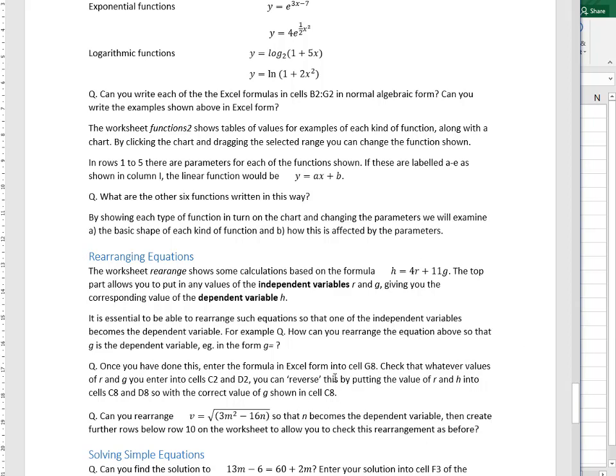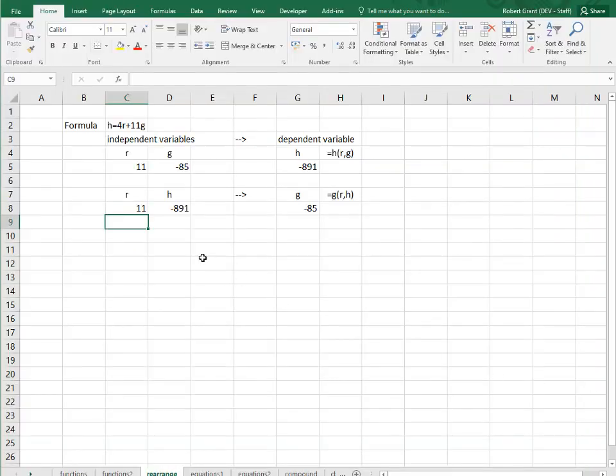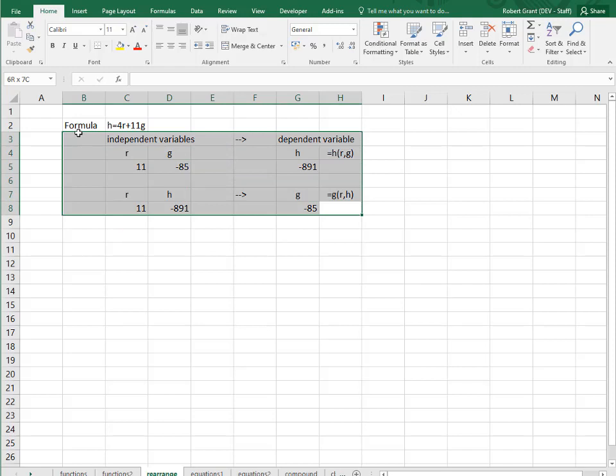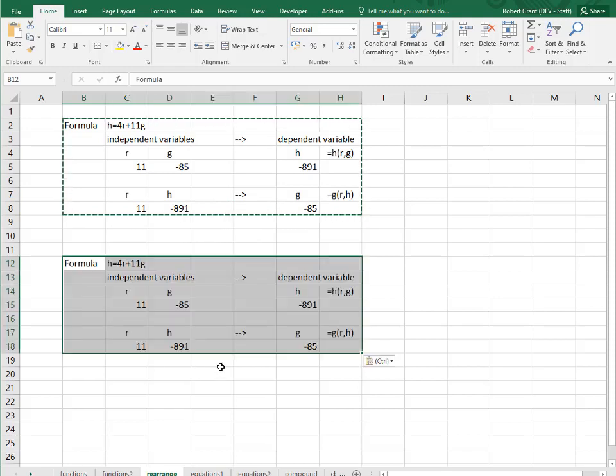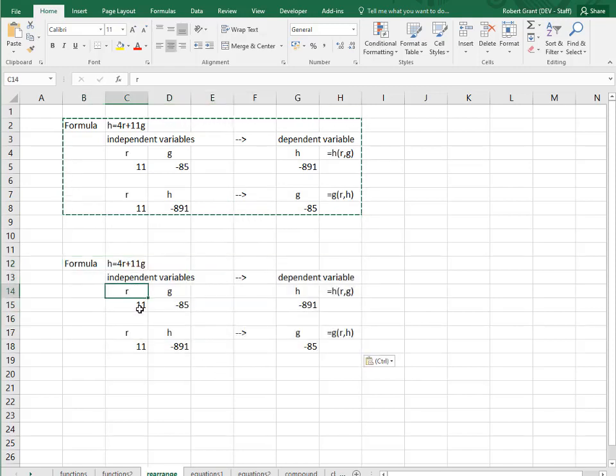Okay, so could you rearrange this so that n becomes a dependent variable, then create further rows to allow you to check the rearrangement as before? So let's put this in first. A nice thing you can do is just copy the whole of that, stick it into here, and just rename everything.